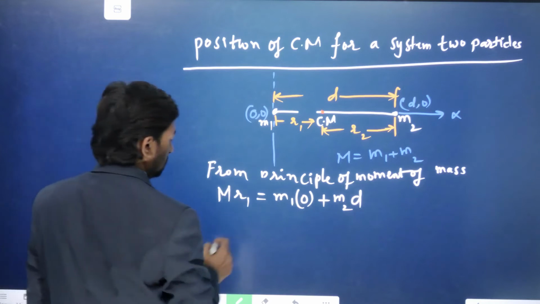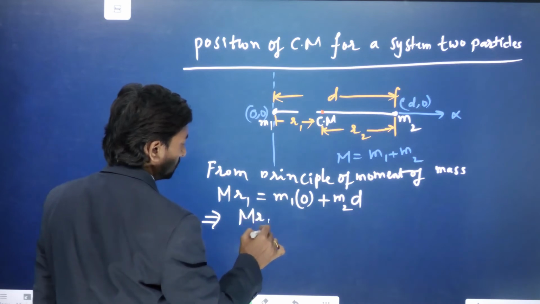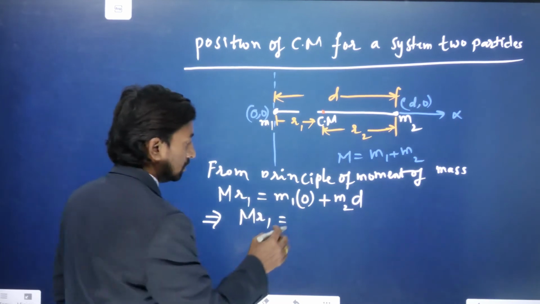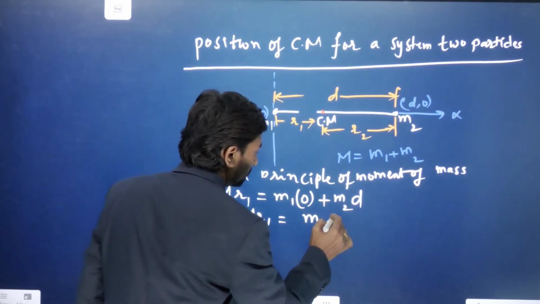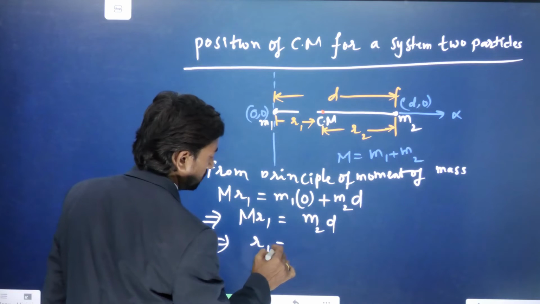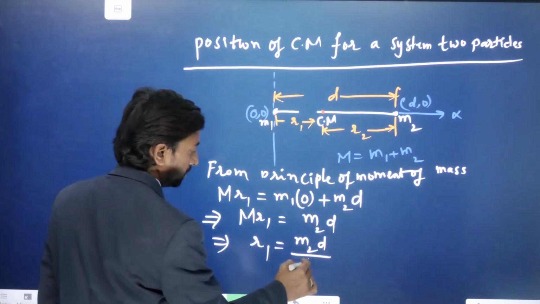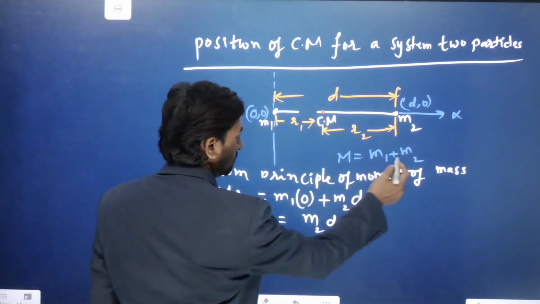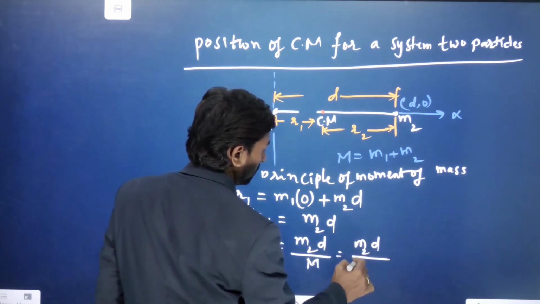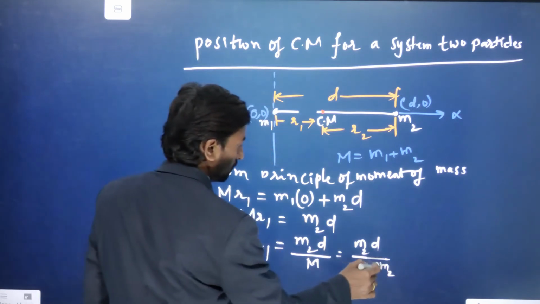So from this we get capital M into r1 equals m1 into 0, which is 0, plus m2 into d. So r1 is equal to m2 into d divided by capital M, that is m1 plus m2.